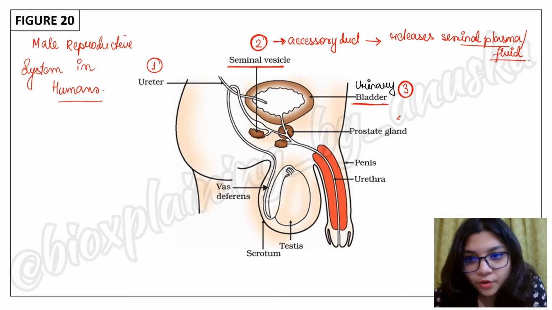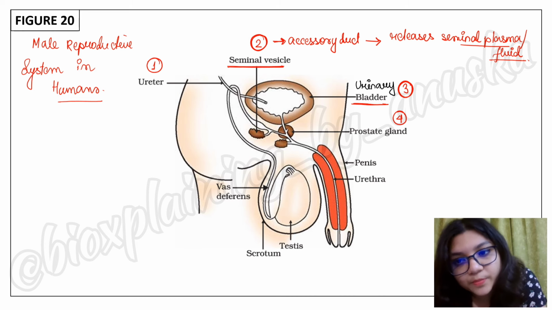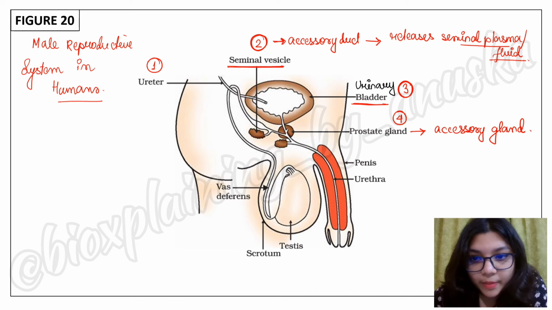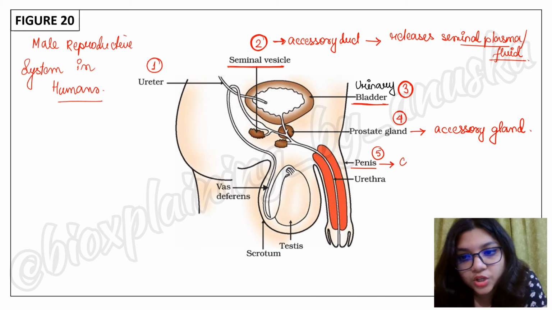Then part number 4 is the prostate gland. This prostate gland is another accessory gland. It is also a paired gland. Part number 5 is the penis. The penis is the copulatory organ in males.